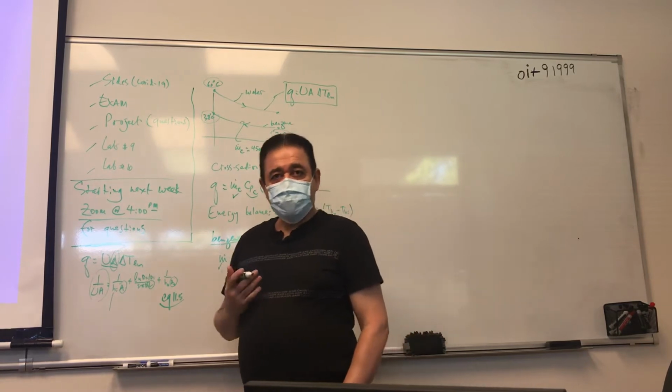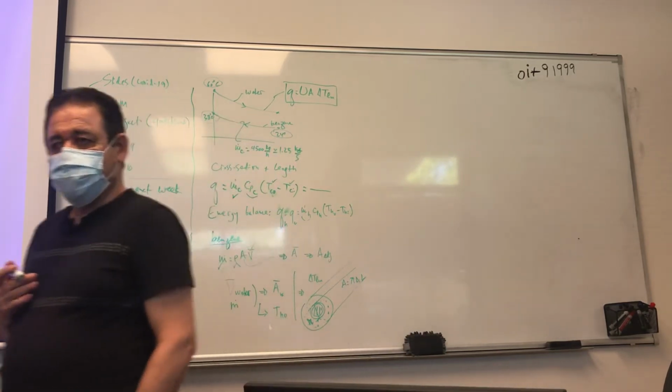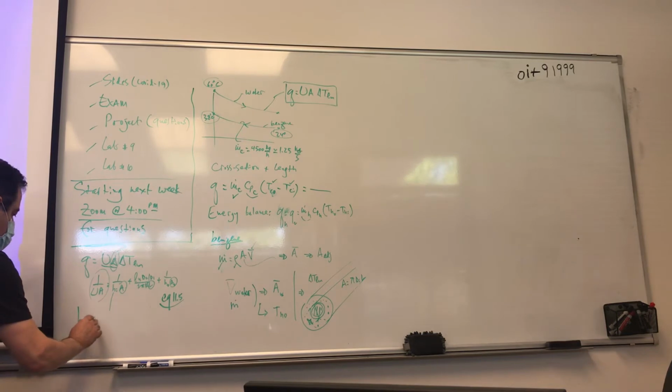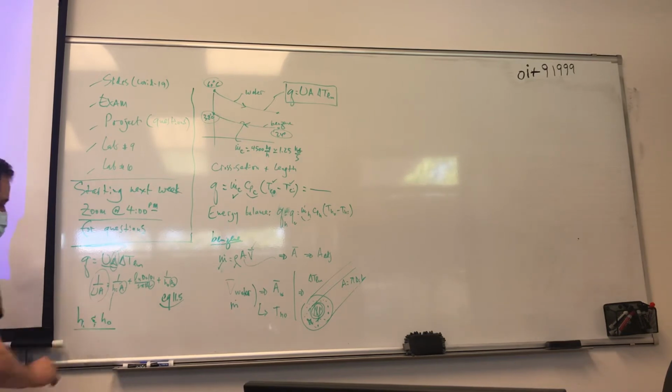So how do you find HI and H out? How do we find these? Well, it depends. The regular stuff, remember? With the Reynolds, find the Reynolds number.